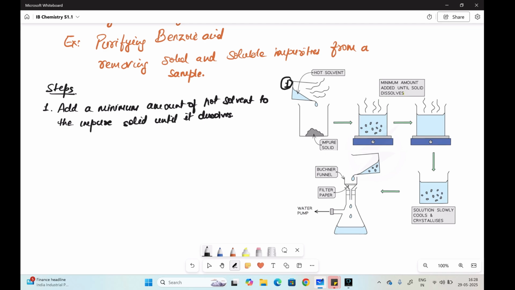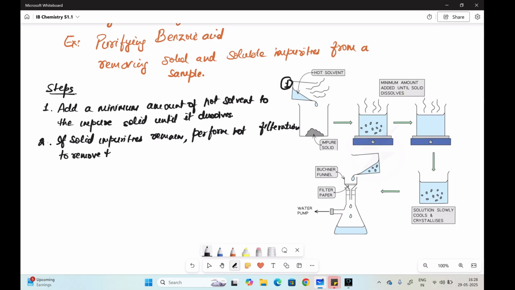I'm putting number. Now next, if solid impurity remains, perform hot filtration to remove them, right?